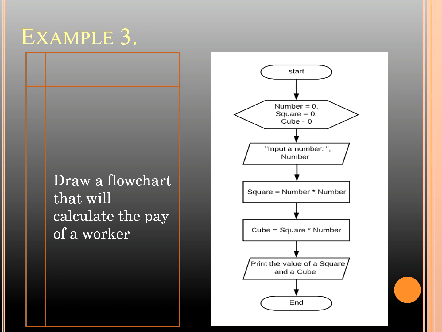After that, cube is equals to square multiplied by the number. And after satisfying the condition, we need to print the value of square and the cube, then end the process.